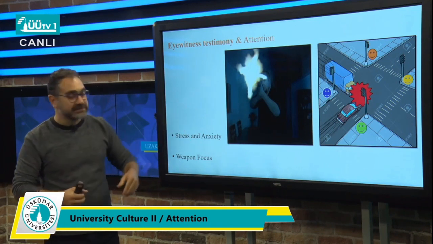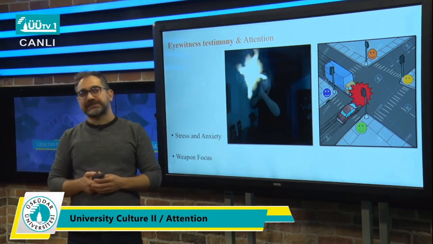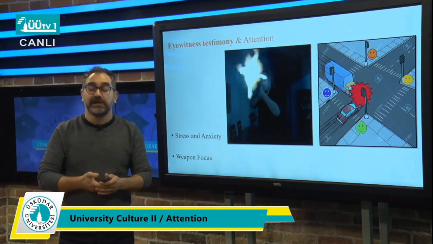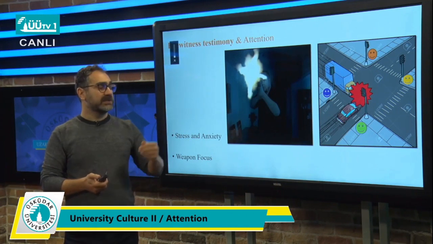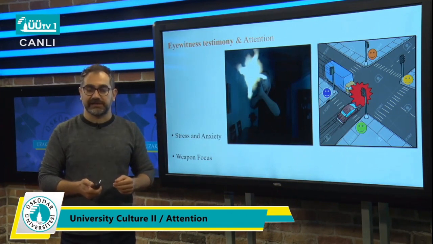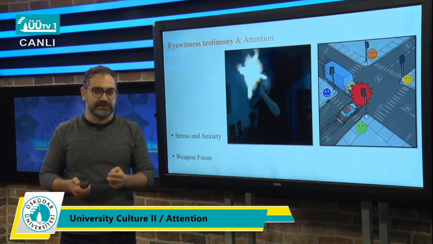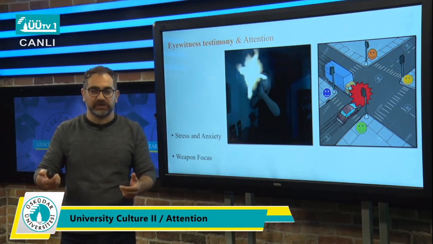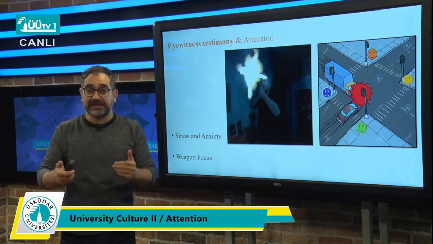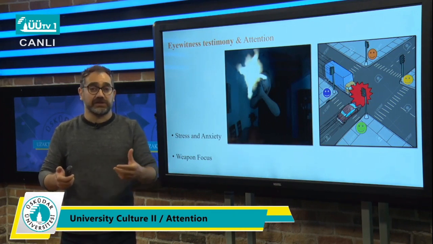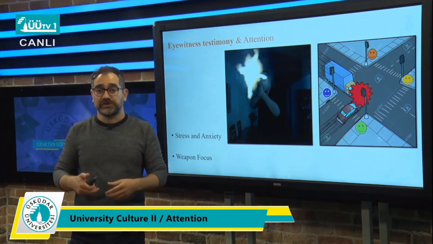So after that, the police comes and police asks your testimony. How was the perpetrator look like? And people cannot say anything about the image of the perpetrator. What was he wearing or what was she wearing? Nothing. They don't even remember a color of their shirt or jacket.